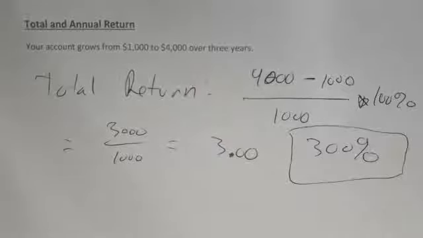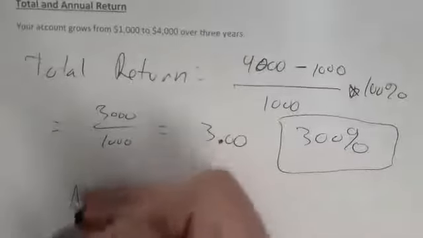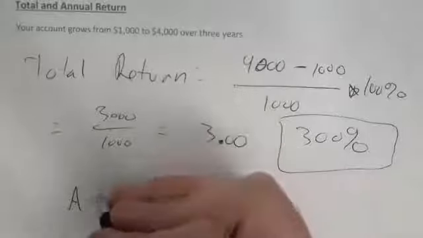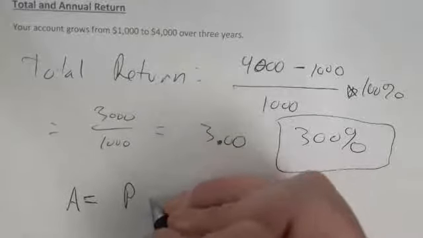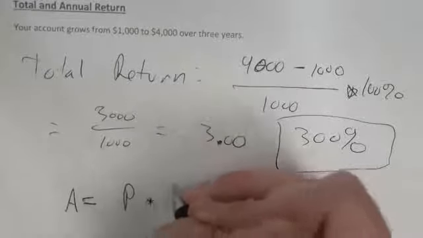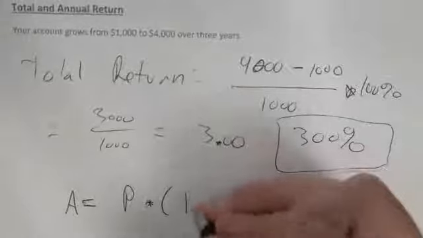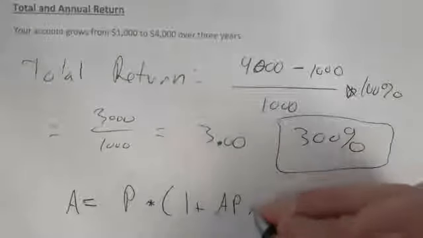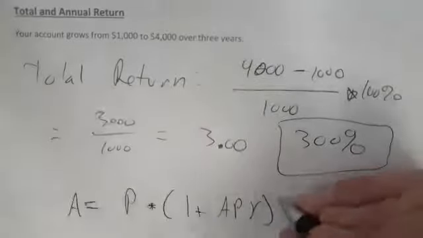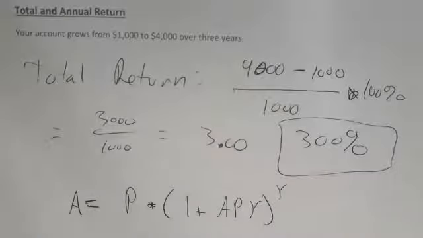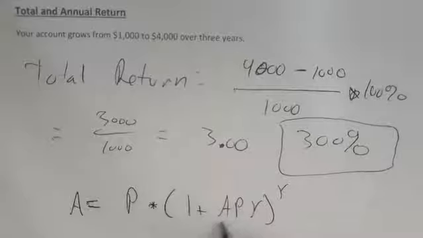Annual return, I want to know if this thing was figured out annually, what would my return be? So I'm thinking of this like it's compounded, it's some sort of principal, and then I'm multiplying by my 1 plus whatever my annual percentage return would be to the y. So what I want to figure out is what my annual percentage return is going to be.